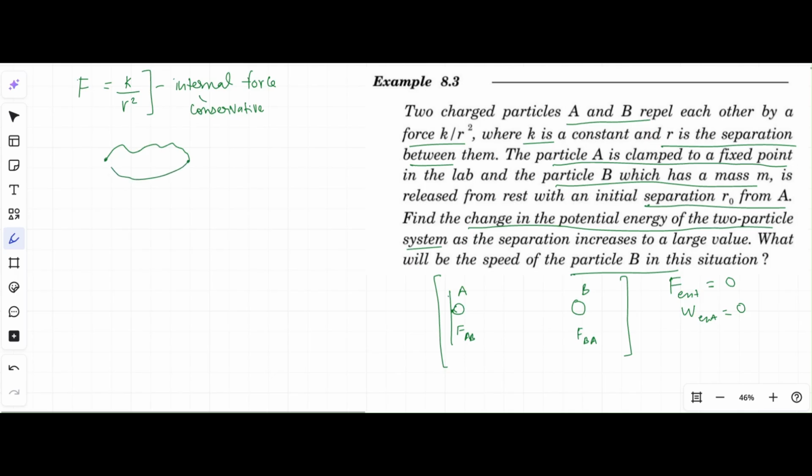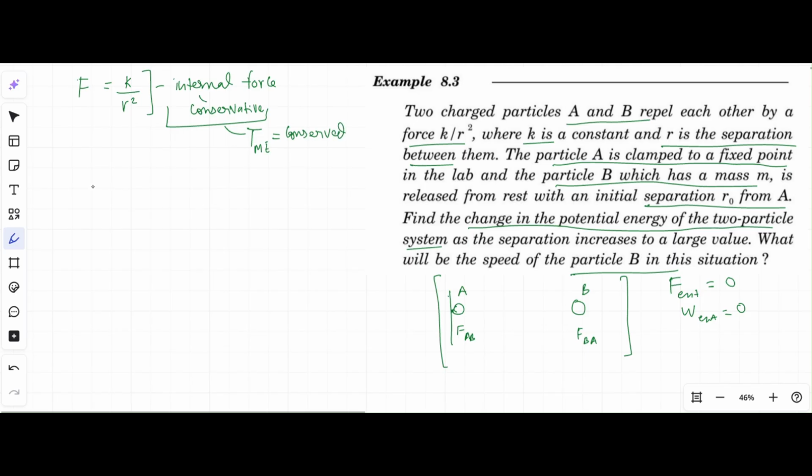And if it is a circular path, if the object goes from A to B and back to A, then the work done will be 0, since the initial and final position is the same. So here we can say that since internal conservative forces act, total mechanical energy is conserved.